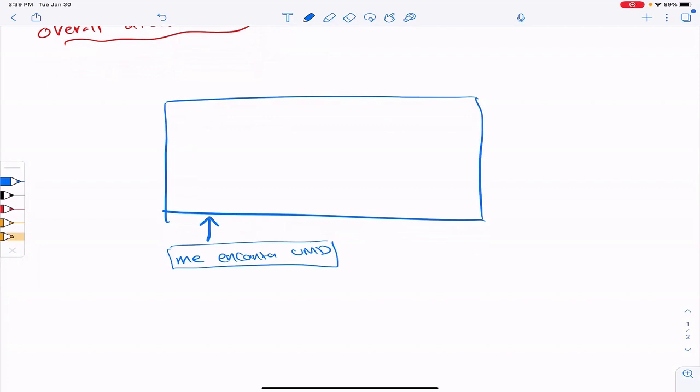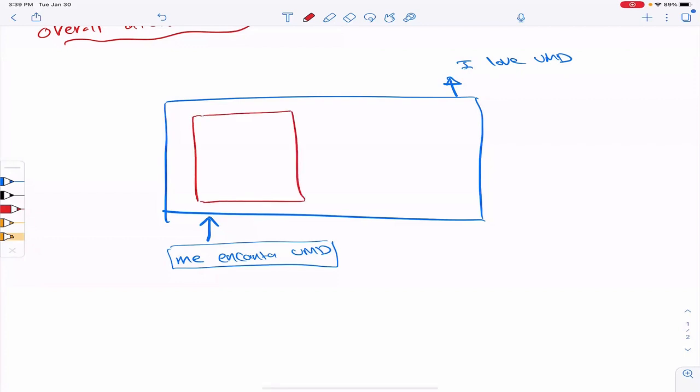Original phrase. And as the output, I want to generate the translated version, which is I love UMD. All right. So first, this text or a form of this text that we will talk about will go through a part of the model called the encoder.